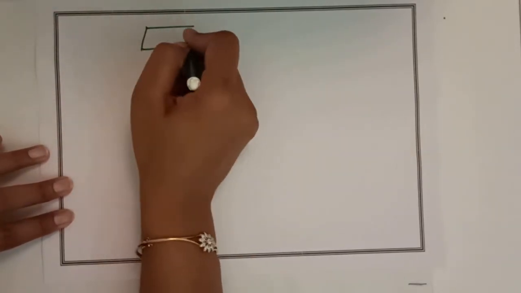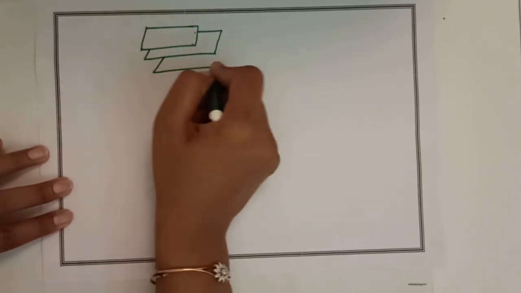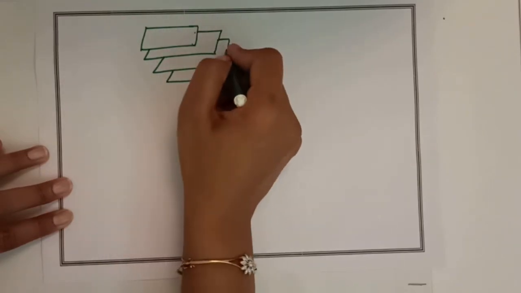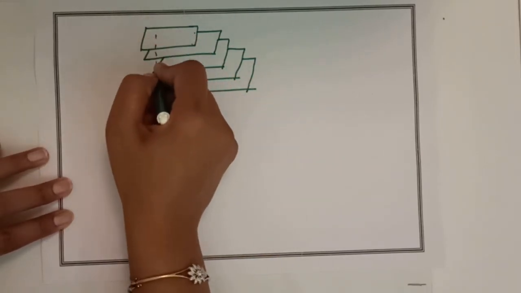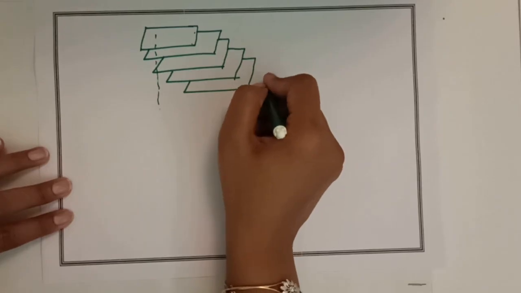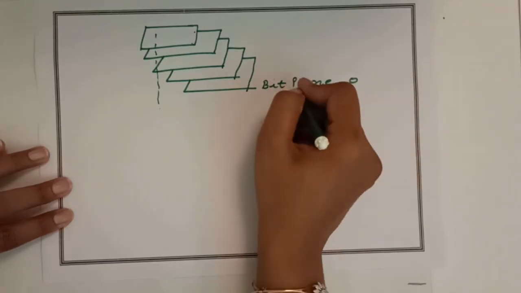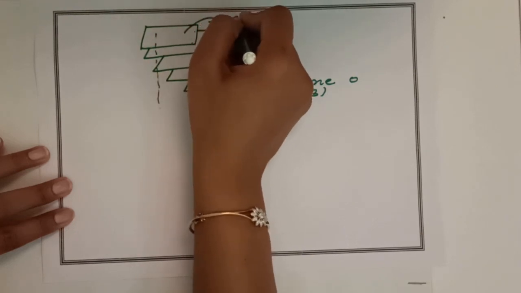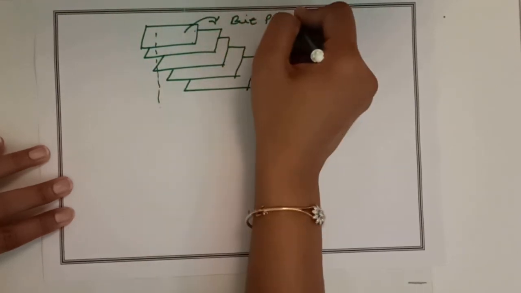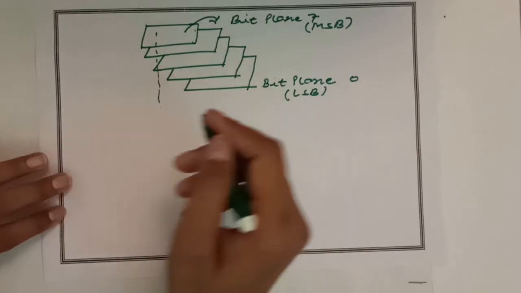How to represent it diagrammatically? See, each and every layer is being represented, and this process goes on depending upon the bits. If we say that this is bit plane 0, means this is for LSB, and this is bit plane 7, means for MSB.